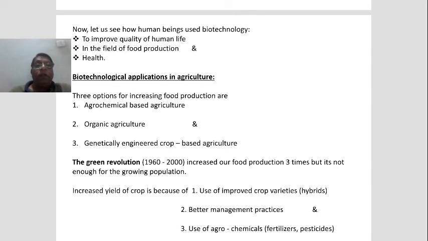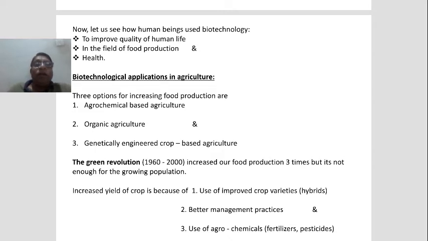In the world, the population is growing or increasing like anything. To meet the food supply to the growing population in the world, scientists have three options before them.